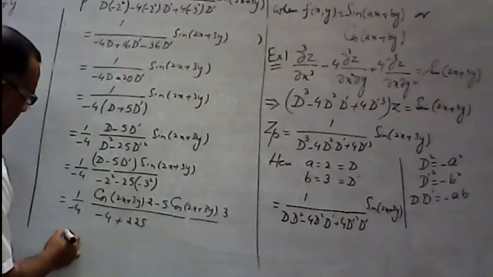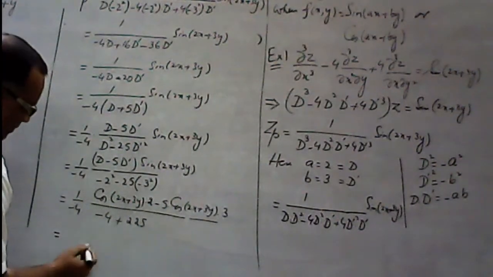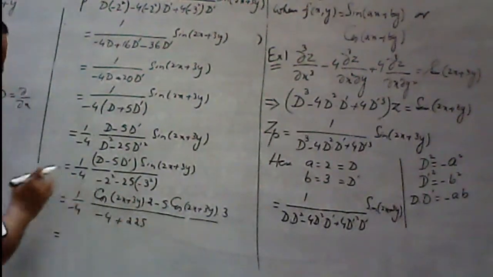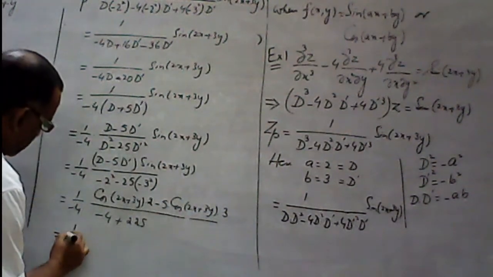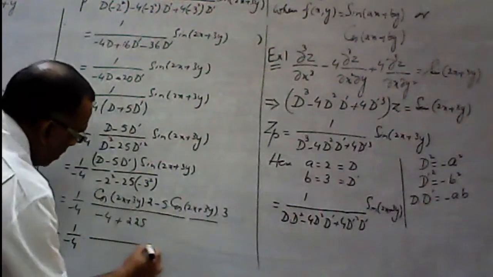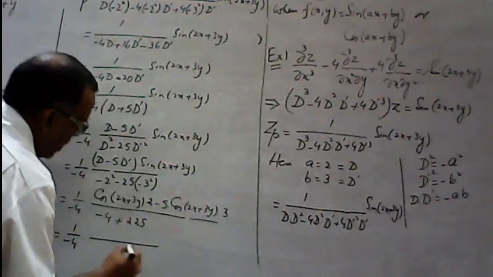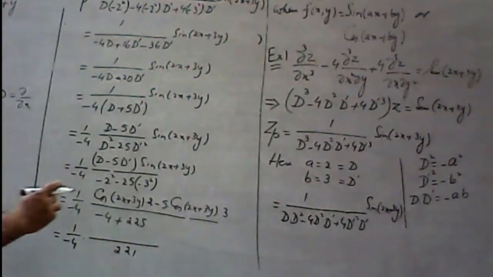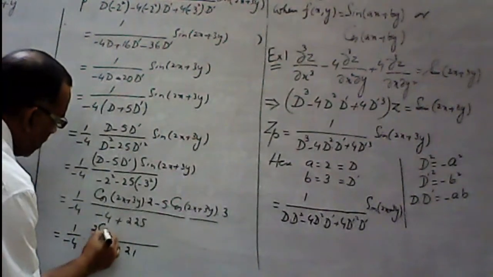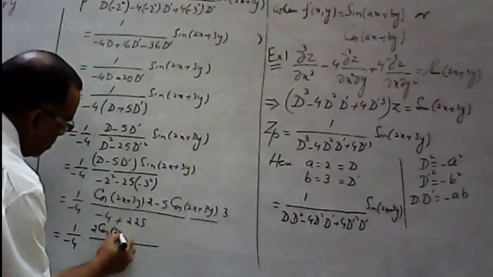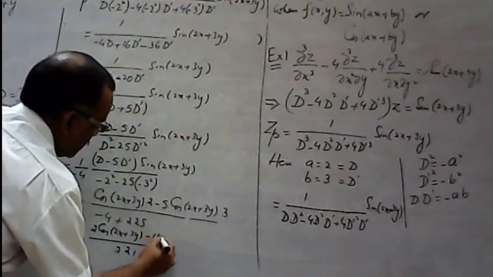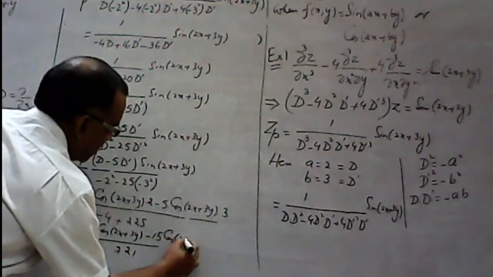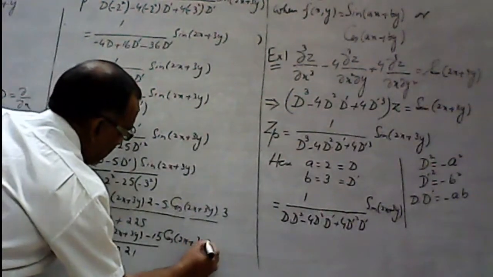So now if I simplify, then it will become 225 minus 4 is 221. So 1 upon minus 4, denominator becomes 221. Then in numerator I have 2 cos(2x plus 3y) minus 3 5s are 15 cos(2x plus 3y).